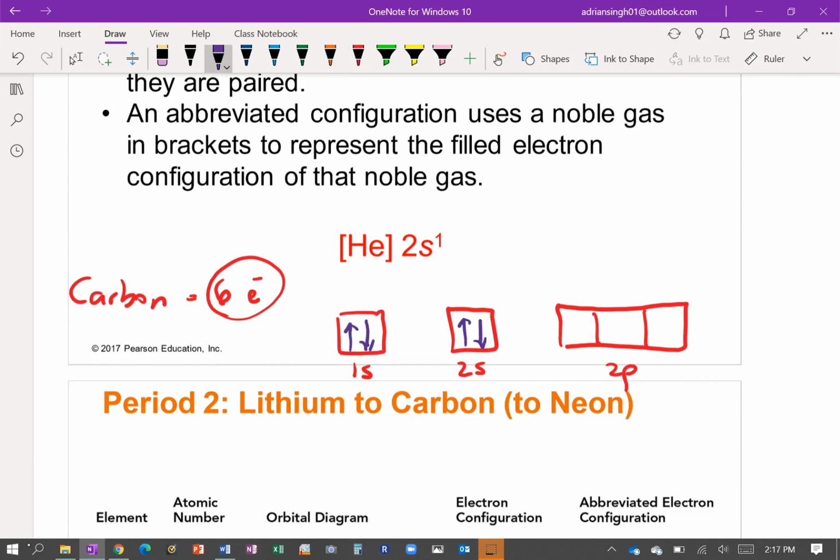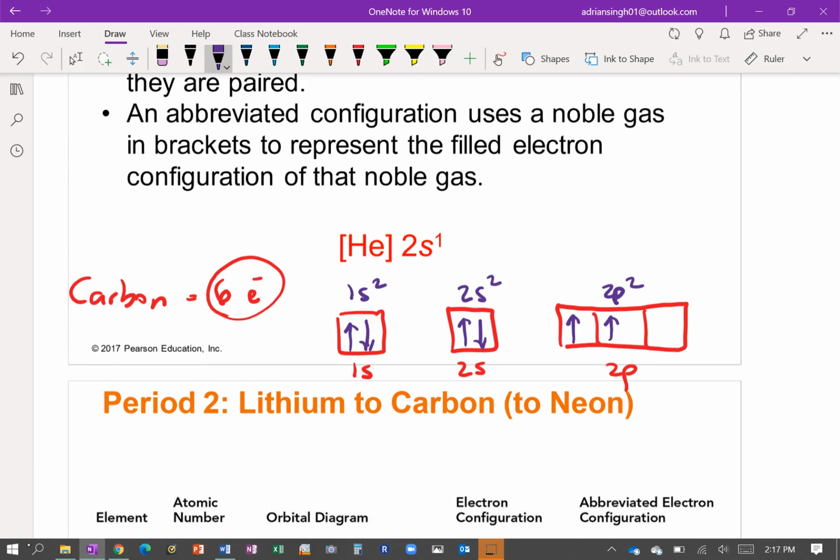And now we get to the p, and you'll notice the p sublevel has these 3 orbitals, right? And up to this point we've used 4 out of the 6 electrons. We have 2 of them remaining. So the first one goes in here, and the second one does not pair up. We actually put it in the neighboring orbital. All right, so we end up then with 1s2, 2s2, and then 2p2.